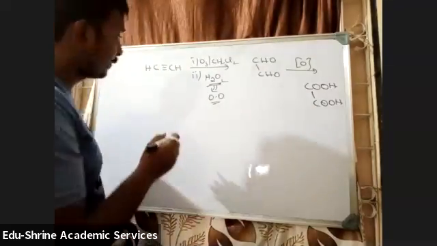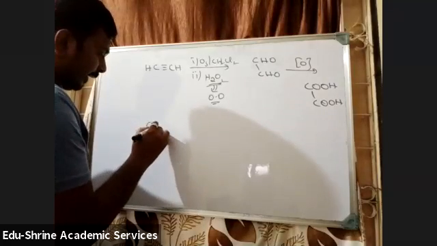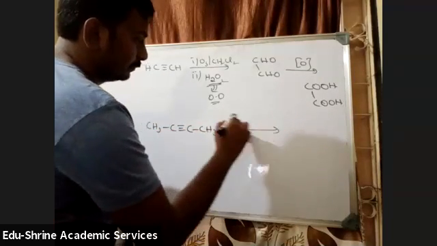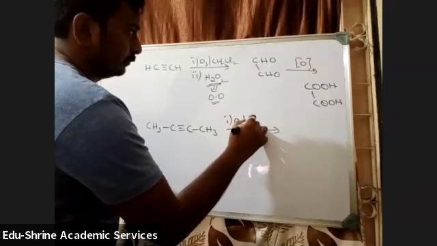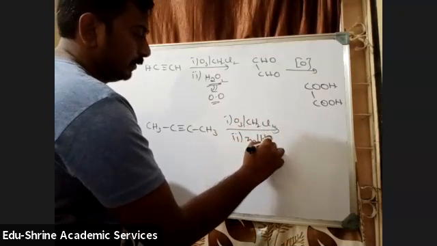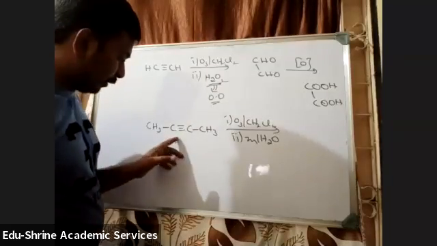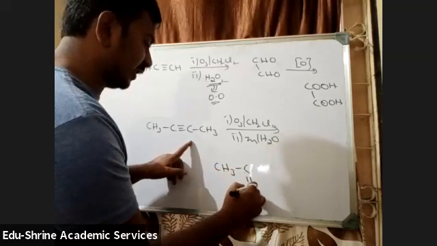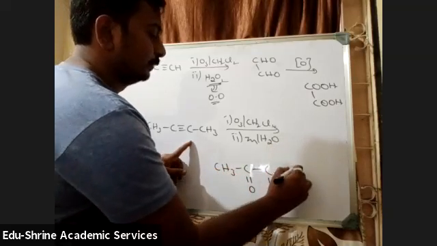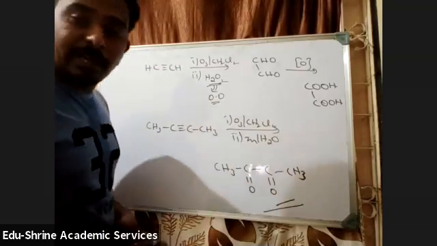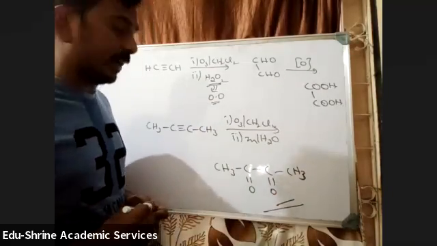Next, students, for example, if I take this, then what happens? Add one double bond O here, add one double bond O here. The product formed will be CH3-C double bond O. In this way you can write the reductive ozonolysis product for any given reactant.